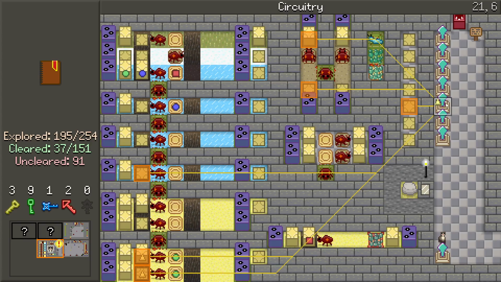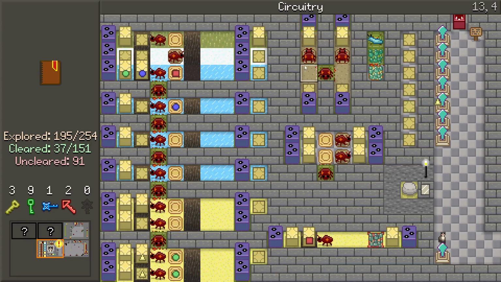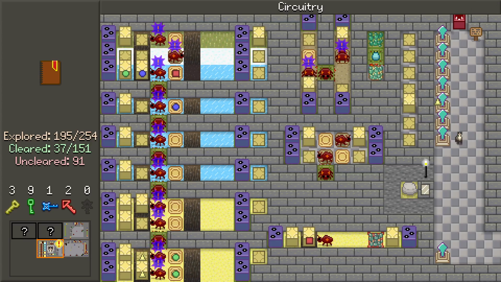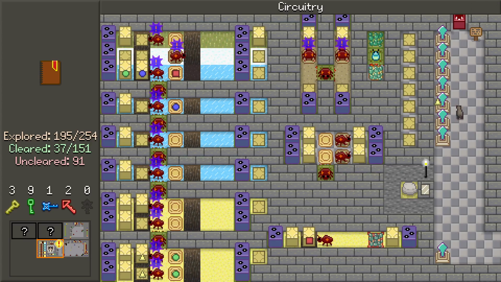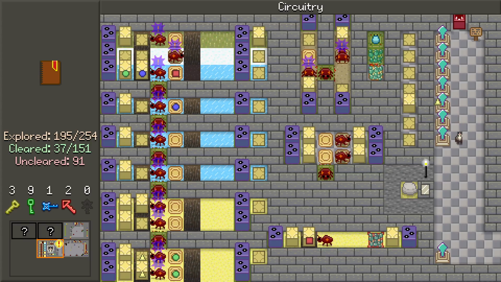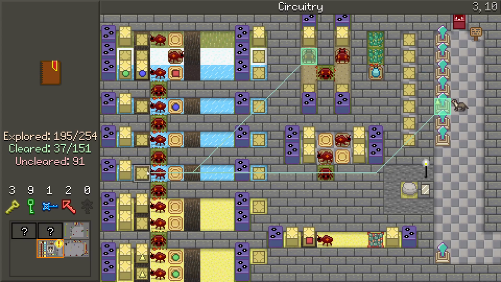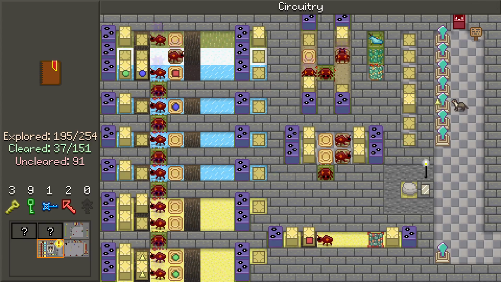Gotta make a wire diagram to get anything at all ever done. This is part of yellow triangle, I'm gonna say. Weird that it messes with that. Wait, why does... Okay.